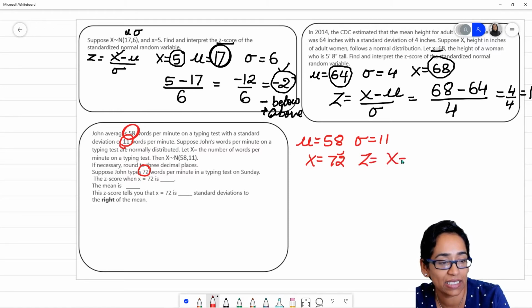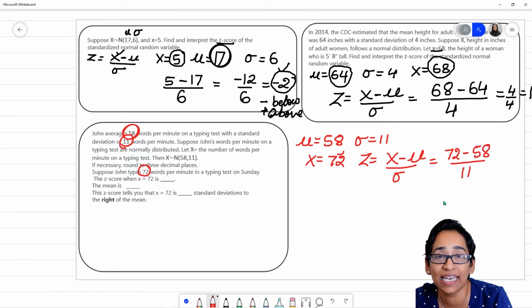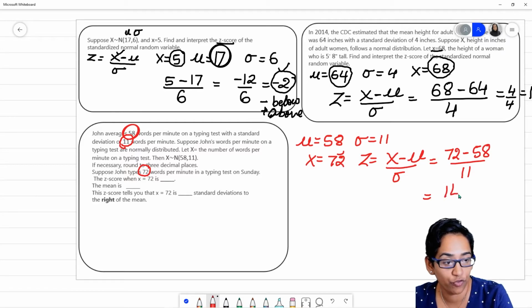Z-score is x minus mu over standard deviation, which is 72 minus 58 over my standard deviation, 11. So 72 minus 58 is 14, over 11.